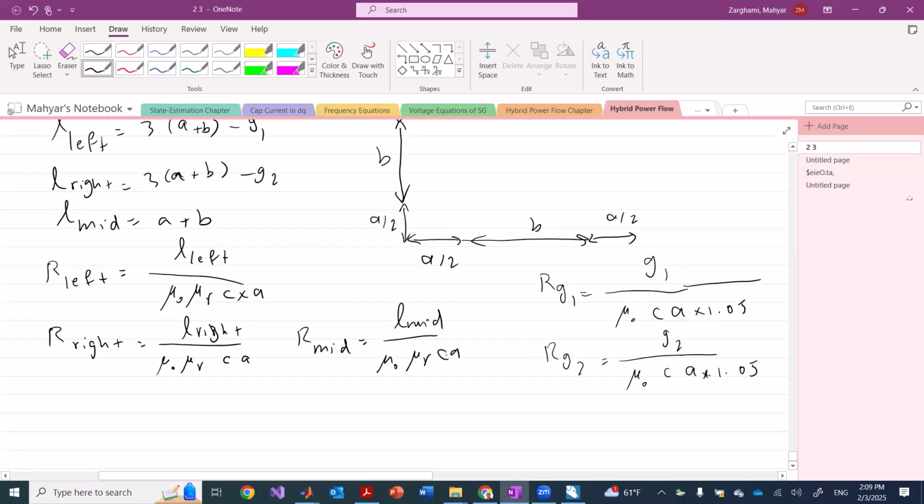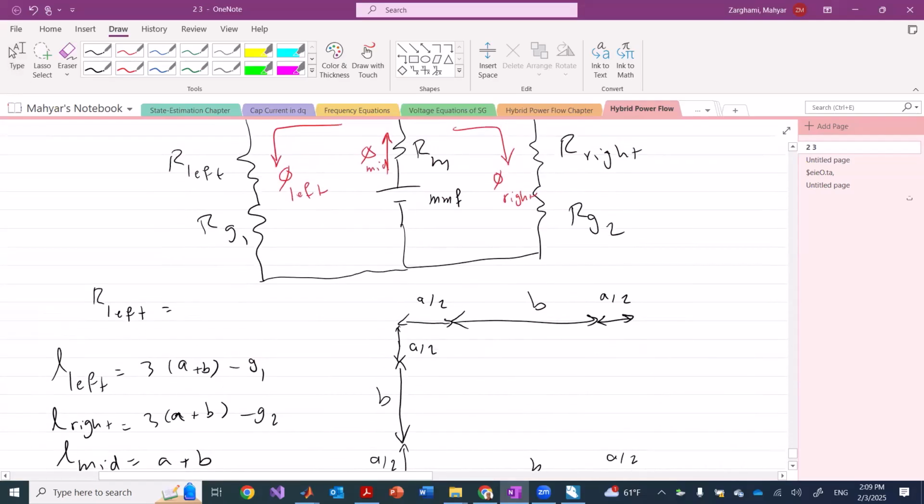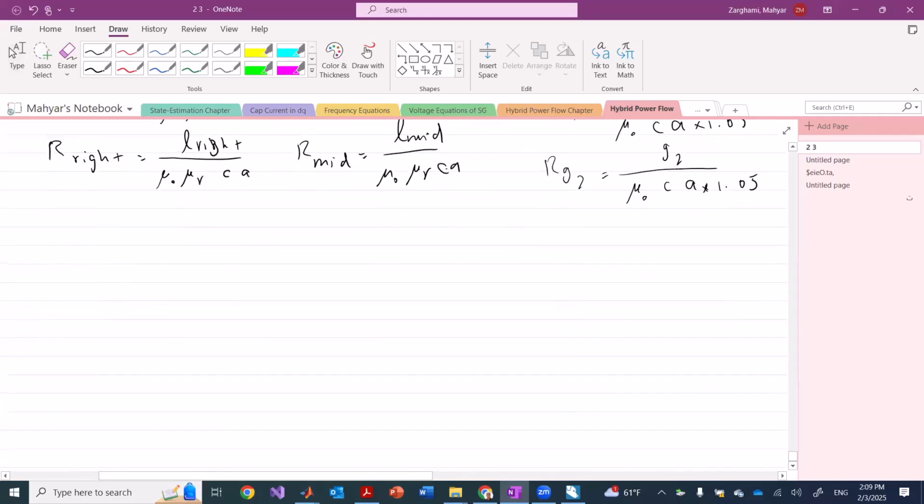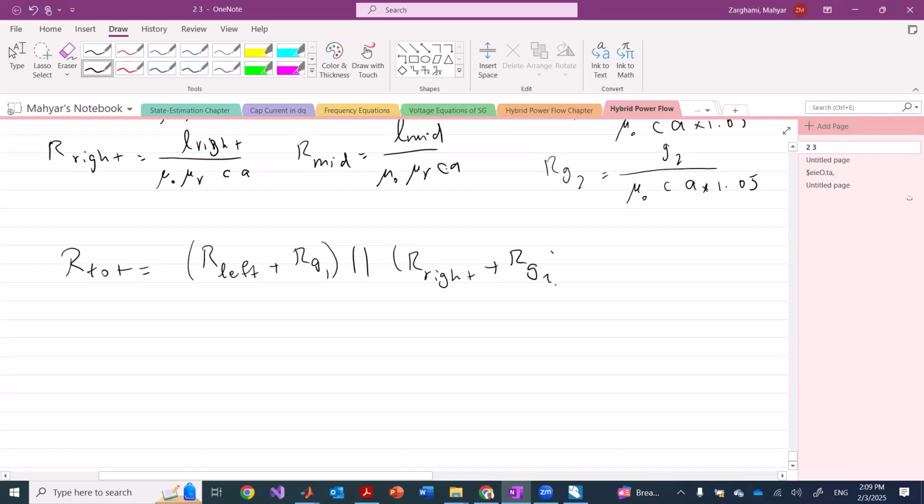So once you get all of these reluctances, then it would be easy to find out the phi in the middle. So our total would be R left plus RG1 in parallel with R right plus RG2, in series with this whole thing in series with R of the middle.